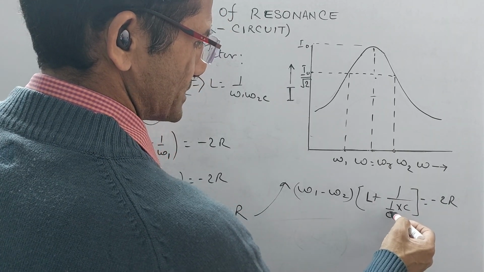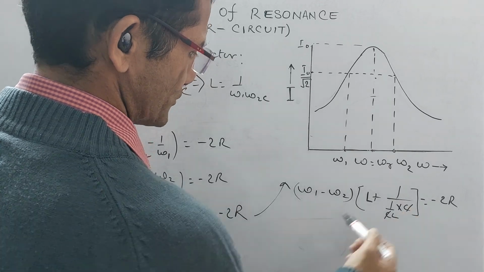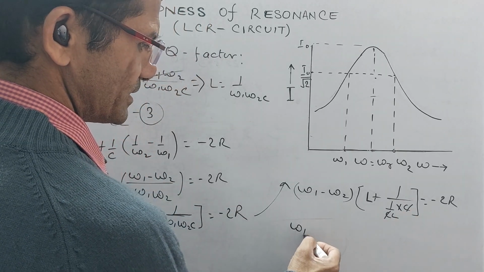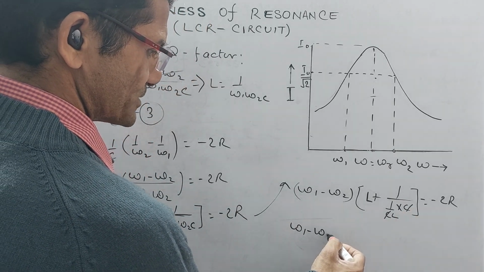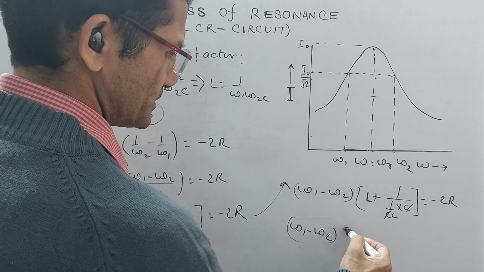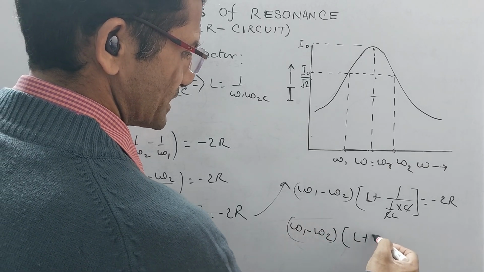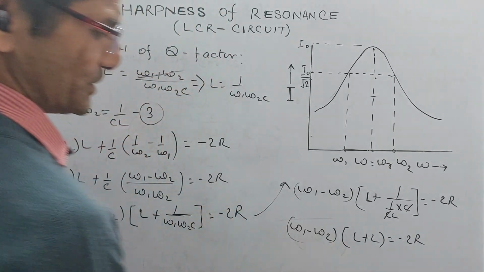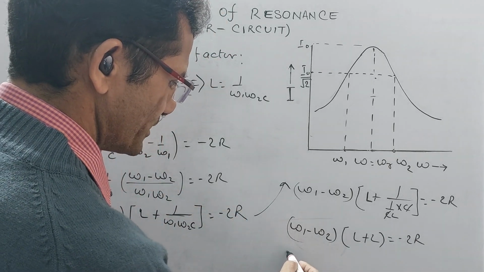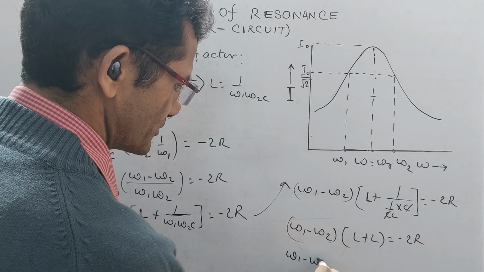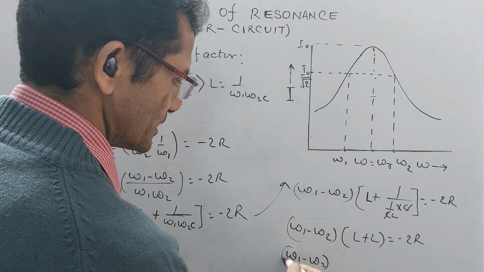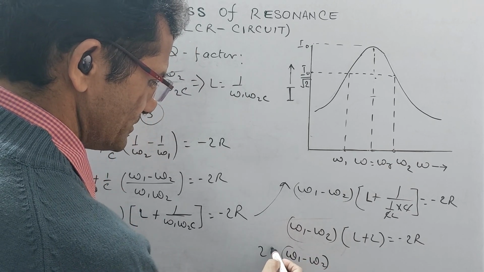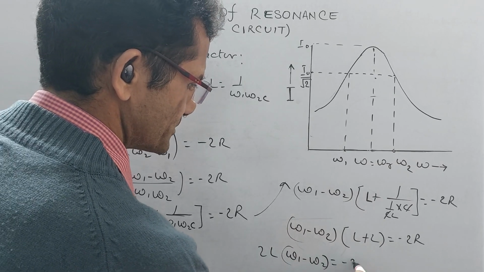If I cancel this, this L goes in the numerator. Finally, omega 1 minus omega 2 times L plus L, bracket closed, is equal to minus 2R. So it becomes twice L. From here, omega 1 minus omega 2 times twice L is equal to minus 2R.